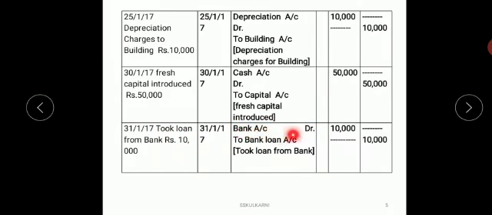So bank account is debited to bank loan. Now loan is a liability. Because it is taken from bank, I will treat it as bank loan. So bank loan being a liability increases my liability, so it is to be credited 10,000. Narration: took bank loan. So here we come to an end of our journal.